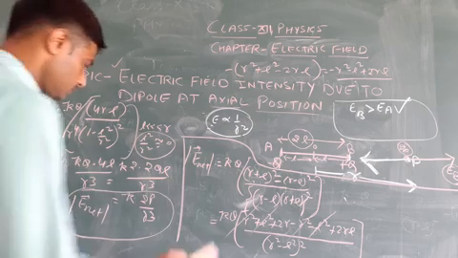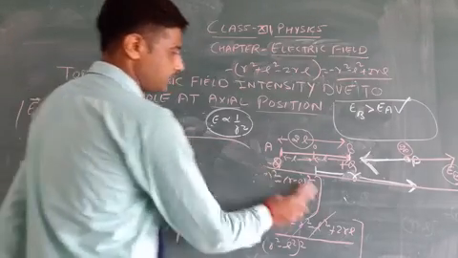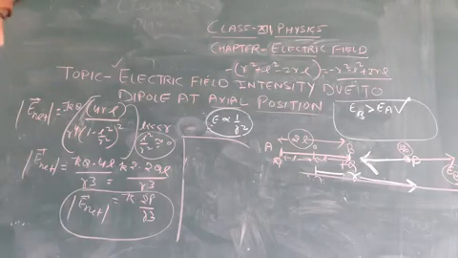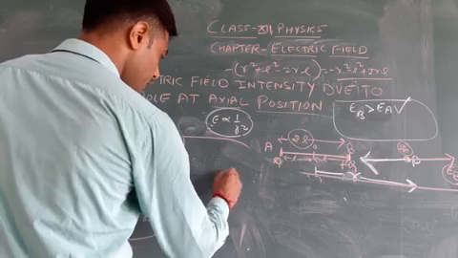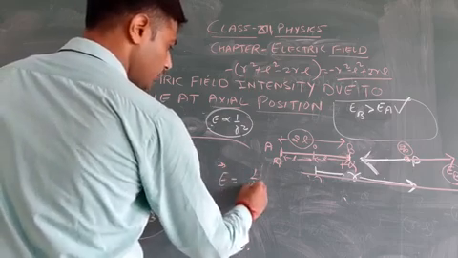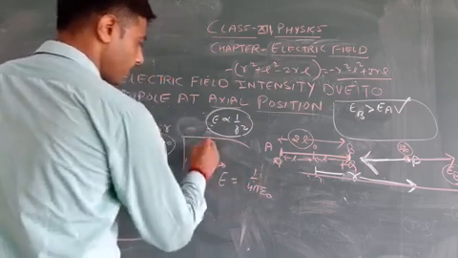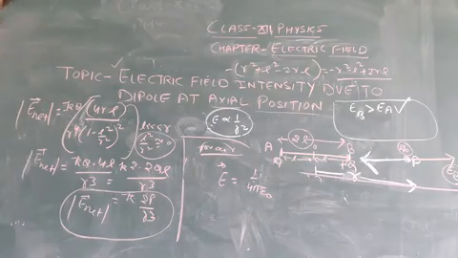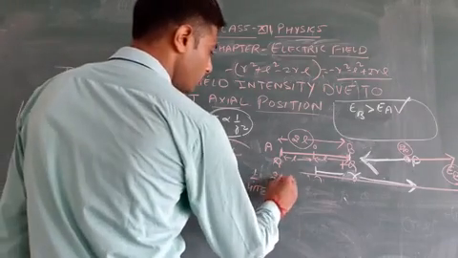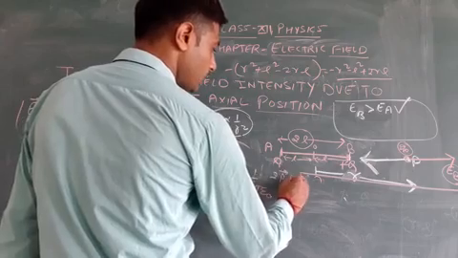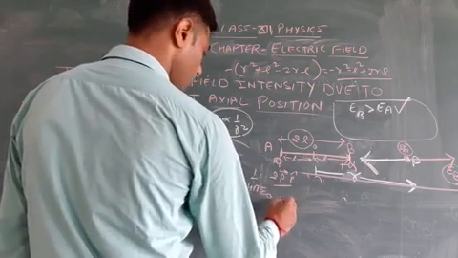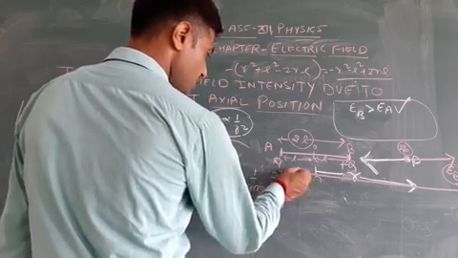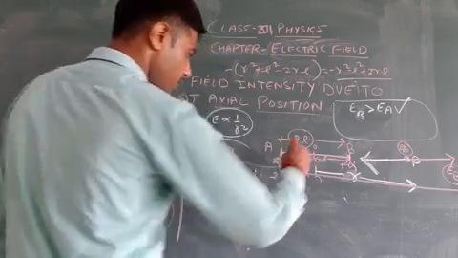And if you want to write it in vector form, then you can write E equals K, which is 1 upon 4 pi epsilon naught for air, times 2 vector P upon R cube. This is the vector form.